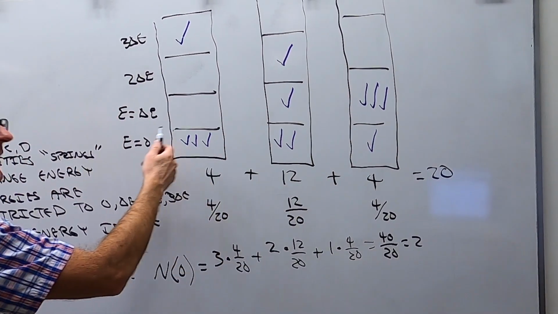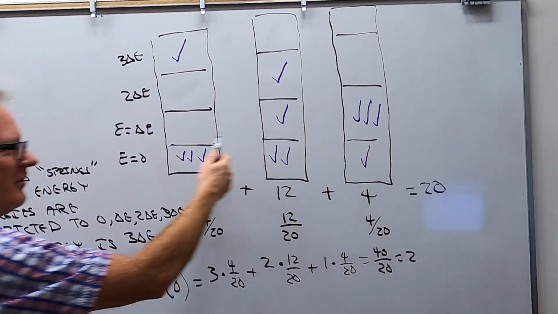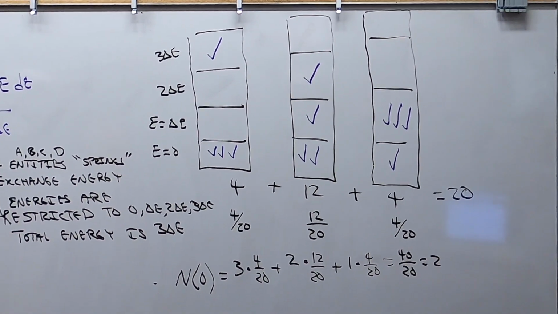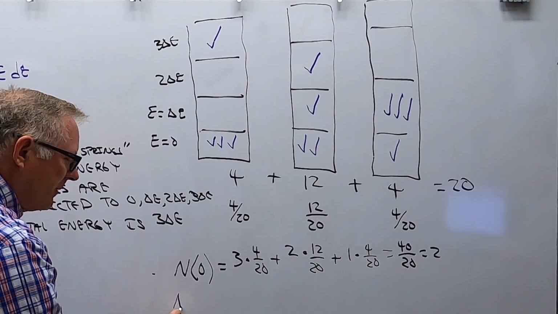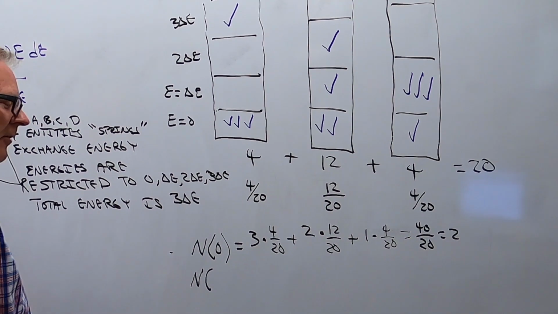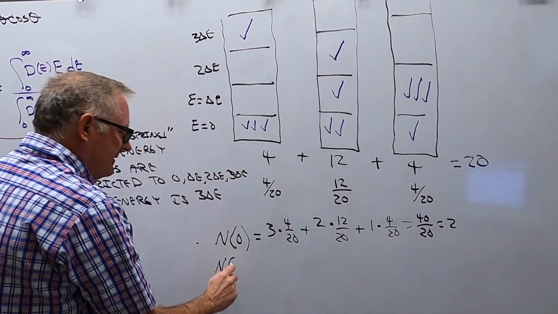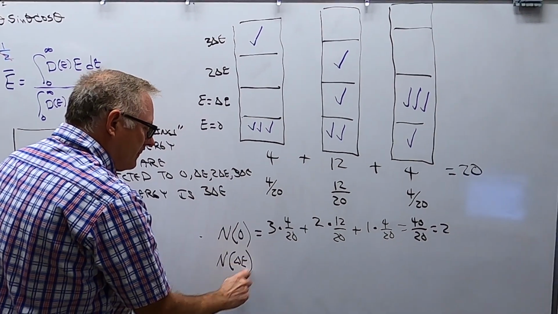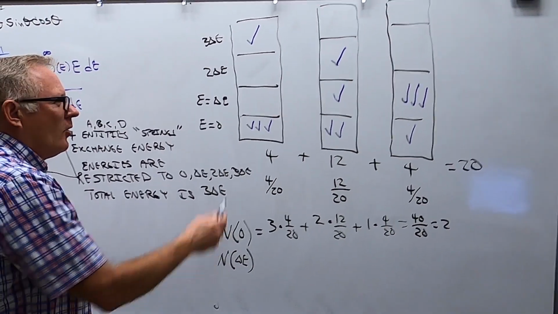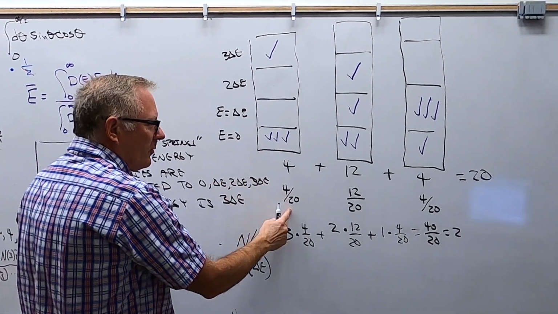Well, that looks pretty good, because it looks like on average I do see 2 in that box right there. How many do I expect to see out of this box, delta E? Well, I got 0 times 4/20ths.